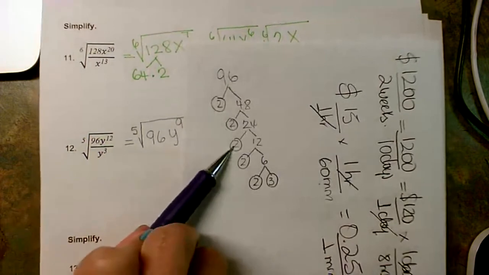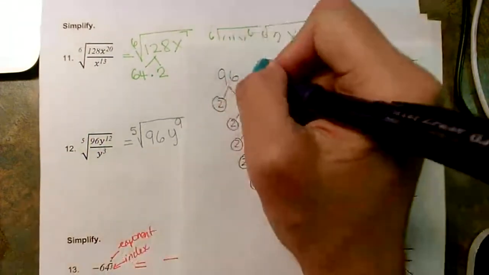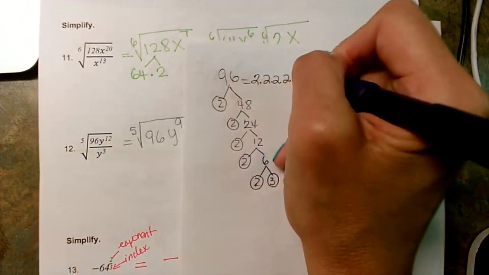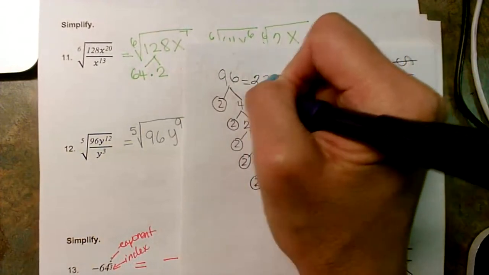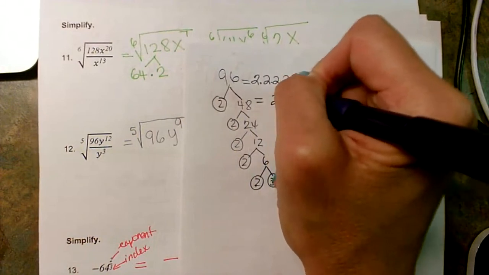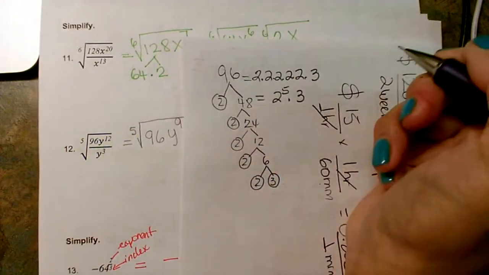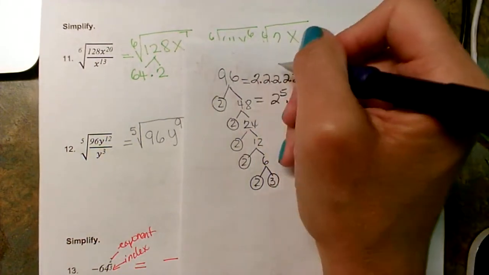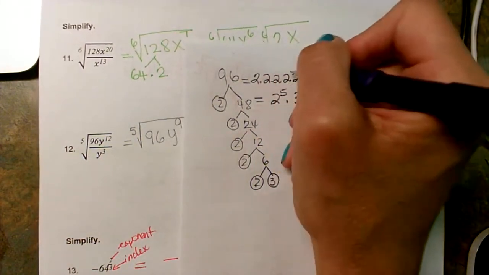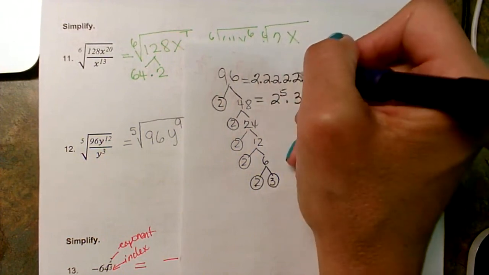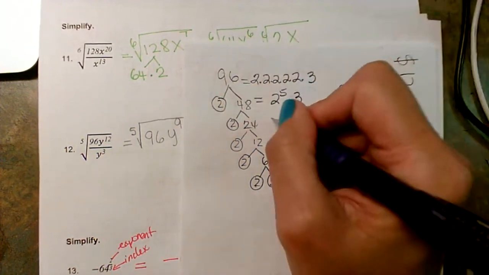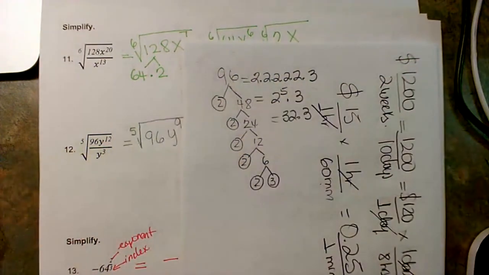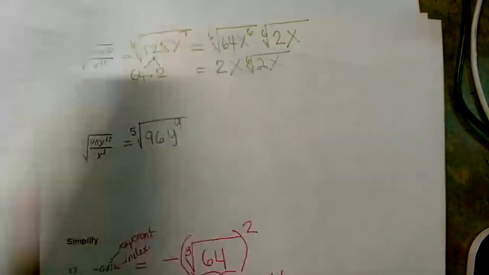So we have 1, 2, 3, 4, and 5, and we have the 3. So it's going to be 2 to the 5th power times 3. 2 times 2 is 4. 4 times 2 is 8. 8 times 2, 16. 16 times 2, 32. So when I multiply 32 times 3, I get 96.